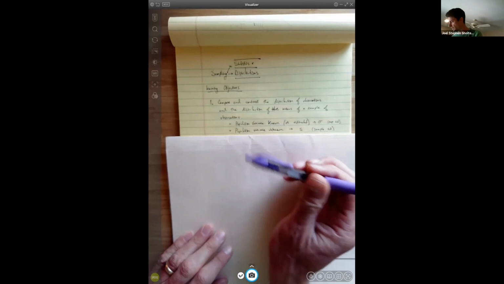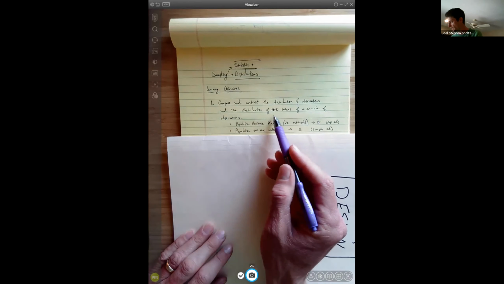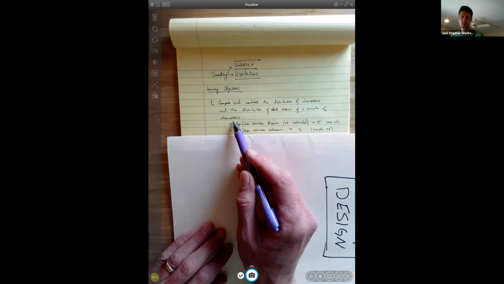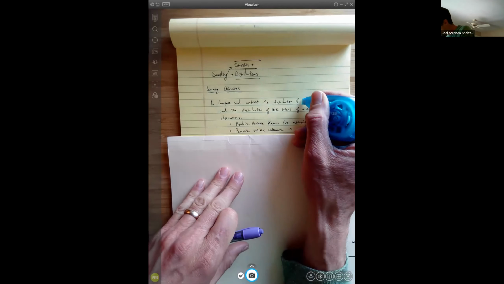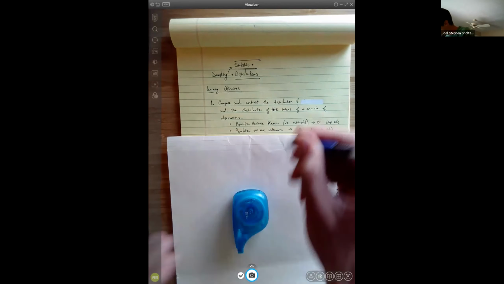So today, our first learning objective is to compare and contrast the distributions of observations and then the distributions of the means of a sample of those observations. So ultimately, I should probably have written that as population.